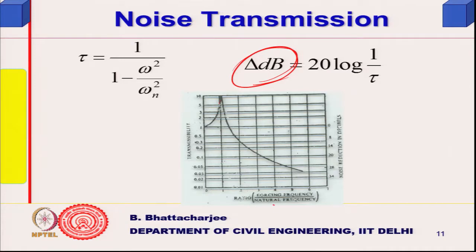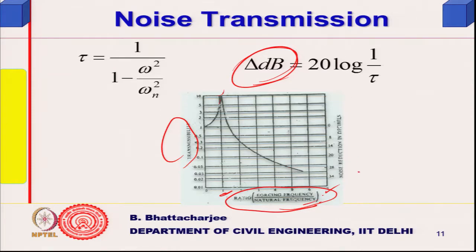So, this is the ratio of forcing frequency and natural frequency, omega by omega n, and when this is equal to 1, the transmissibility is maximum. If the ratio is quite large, then transmissibility reduces on both sides. So, here also it reduces when the ratio is small.